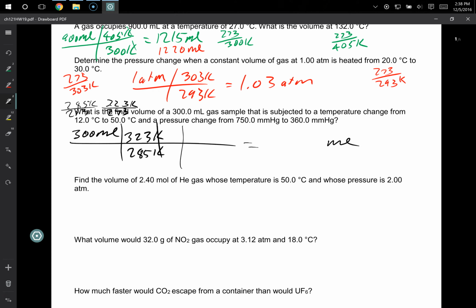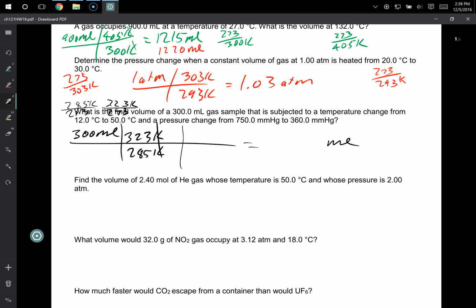Have this container, and the container size can change, and I reduce the pressure on the container. What's the container going to do? I have a basketball at the bottom of the swimming pool, and then I release whatever's holding it there, and I let it go up to the top of the swimming pool. What's the basketball going to do? It's going to expand. It's going to get bigger.